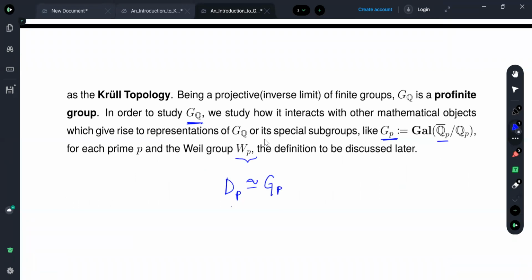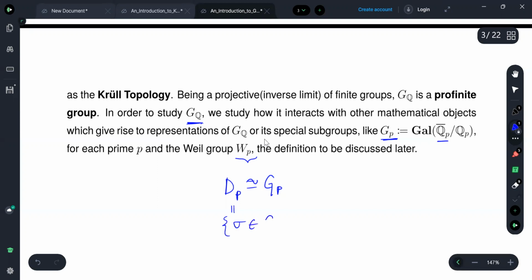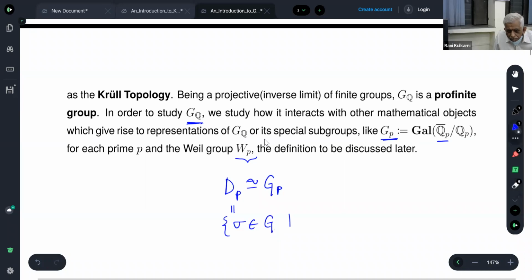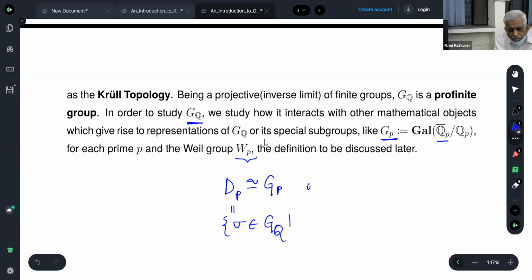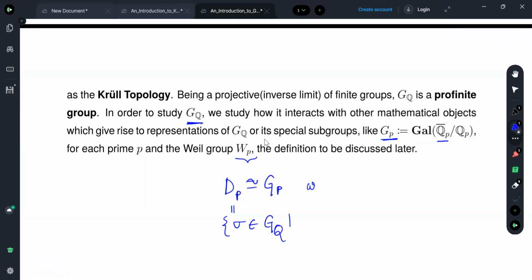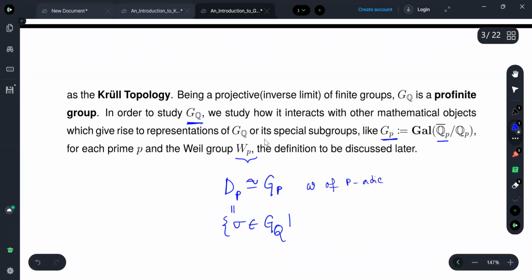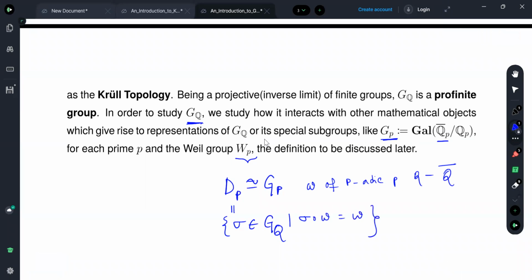The decomposition subgroup is defined to be all elements sigma inside GQ such that, if you fix one extension W of the p-adic absolute value p of Q on Q bar, then sigma dot W is equal to W. That means the set of all elements inside GQ which fix this absolute value.